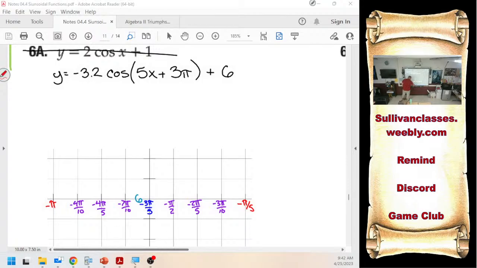Why is that negative? Because it's my vertical shift. It's my midline. I completely swapped my amplitude and my vertical shift originally. Oops.